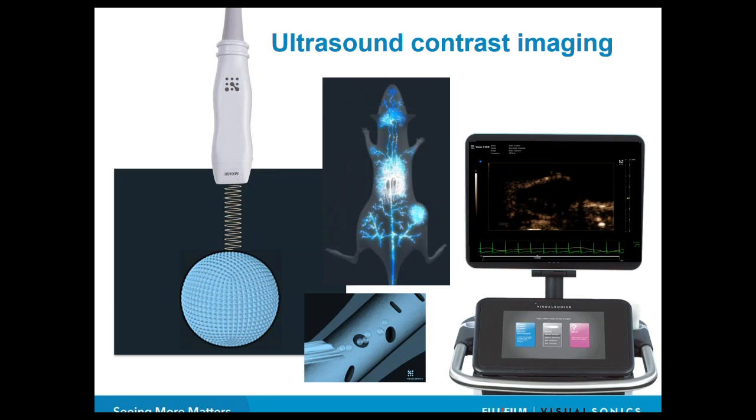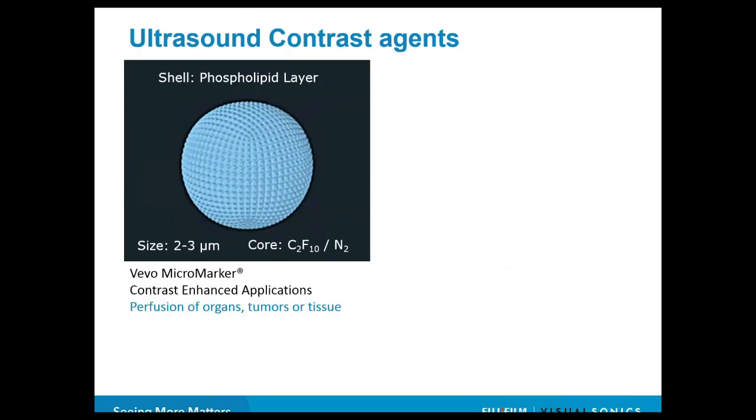There are different types of contrast agents, and the one that's mostly used for perfusion imaging is the so-called Vevo MicroMarker for contrast enhanced applications. This is a tiny gas bubble. The gas core is perfluorobutane, and this gas core is protected by a phospholipid shell.